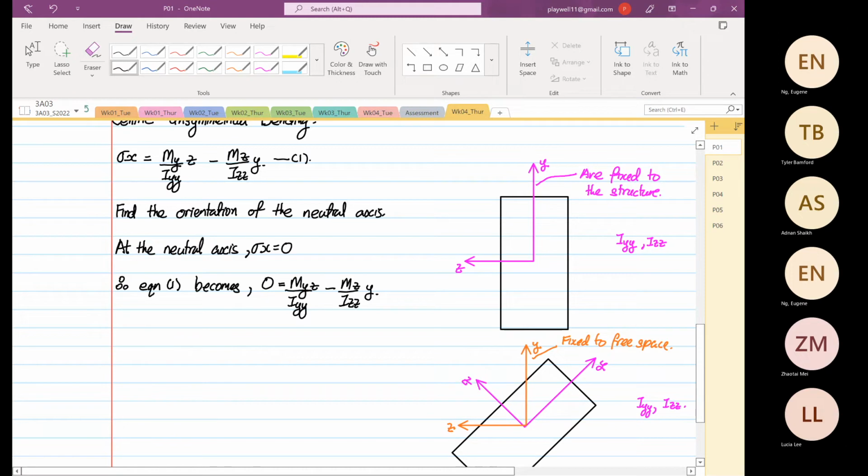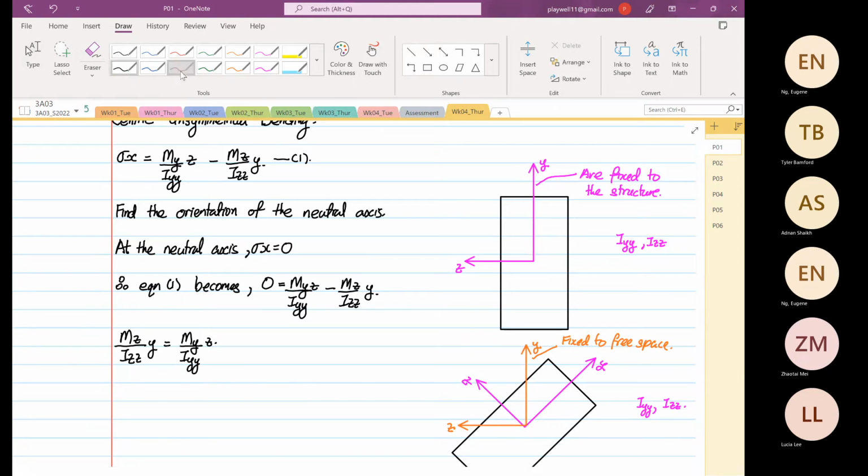Okay. Then we arrange the equation. So we have Mz over Izz y is equal to My over Iyy z.